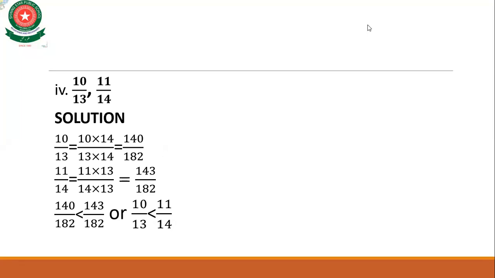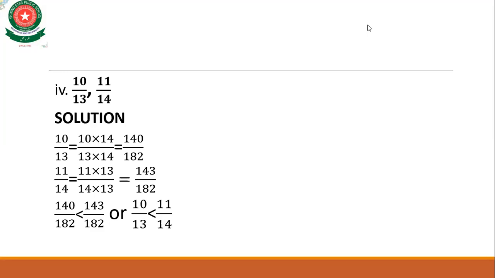The solution is, first we have to take the LCM of 13 and 14, where we get the answer 182. Now when we take 10 by 13, we have to multiply 14 with 13 to get 182.